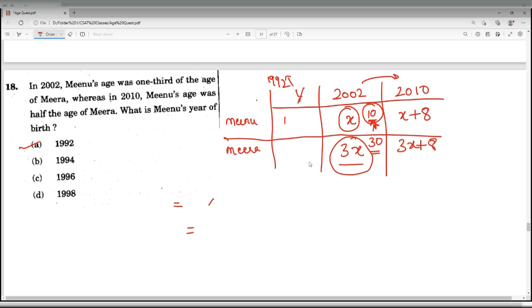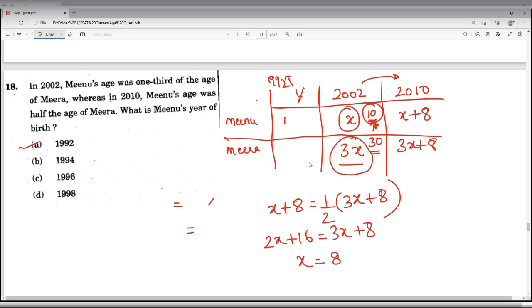So now what they're saying is, Meenu's age is equal to half of 3x plus 8. So this becomes 2x plus 16 is equal to 3x plus 8. And then x is equal to 8. So if x is equal to 8, this is wrong.